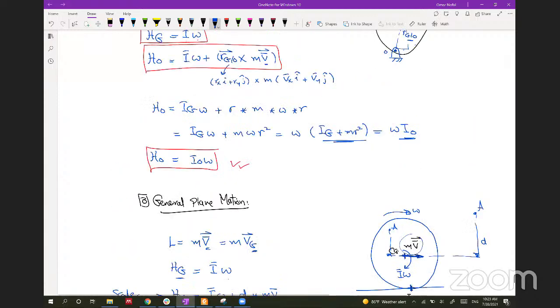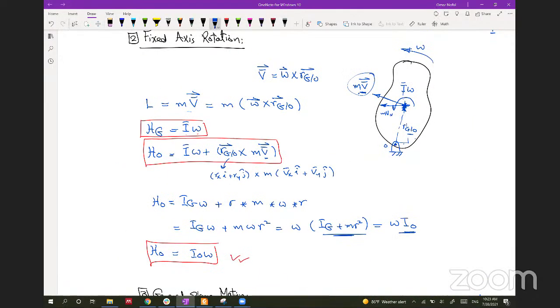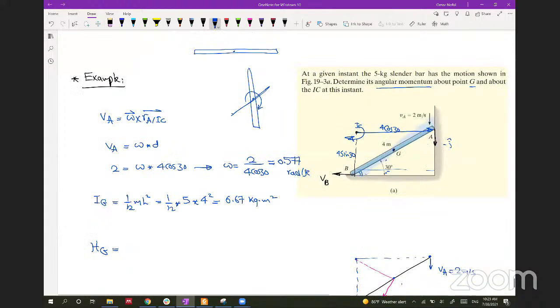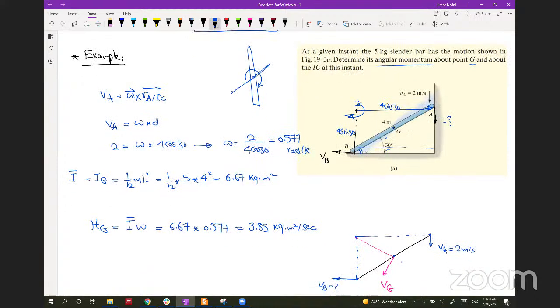This is similar to fixed axis rotation. About G, it will be only I bar omega. I bar is the same as I_G, multiplied by omega. So I have I bar, 6.67, and omega is 0.577. When I multiply these two, it gives 3.85 kilogram meters squared per second. So this is the H_G.